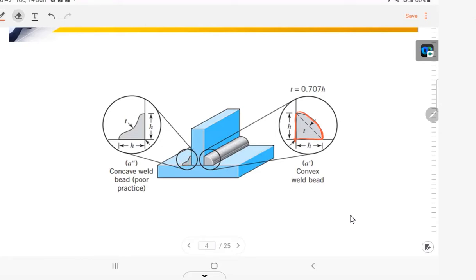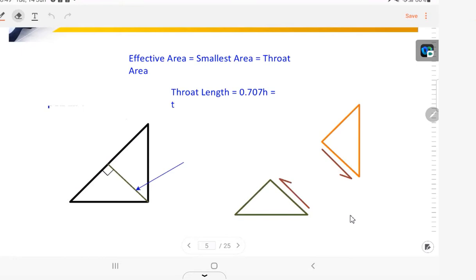Okay, so for the beads, apa yang kita ada, tiga segi like this one, triangles. So the effective area is the smallest areas we could panggil throat area.